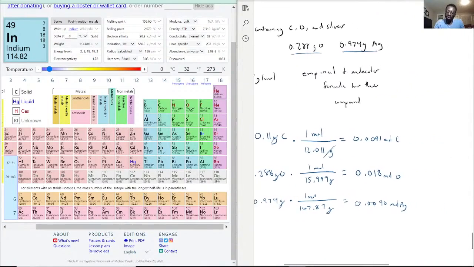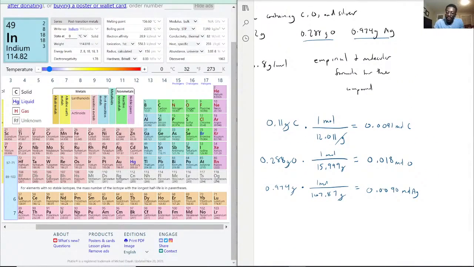Now, you probably start to know something right away. You see the ratios. The smallest number technically is silver, but these two are quite close to each other. The point is that you want to get your smallest number and divide everything by it. So that's divided by 0.0090. Carbon would just equal 1.